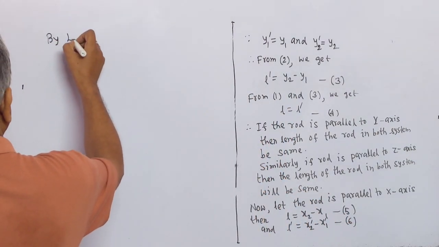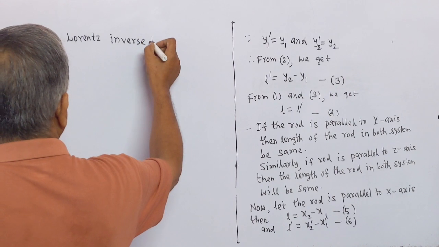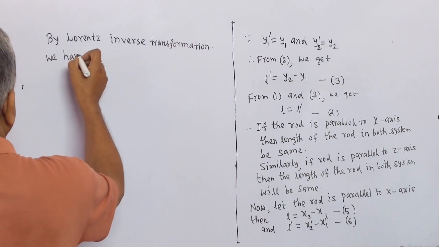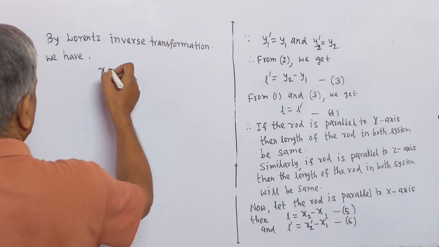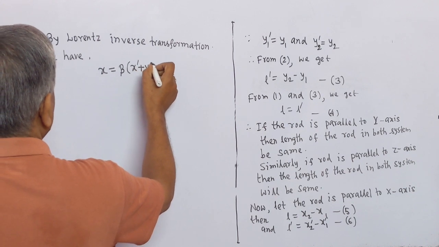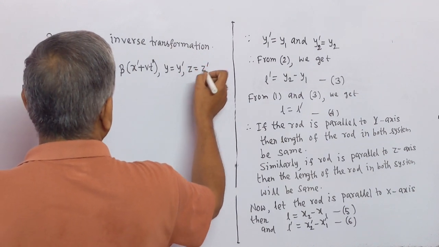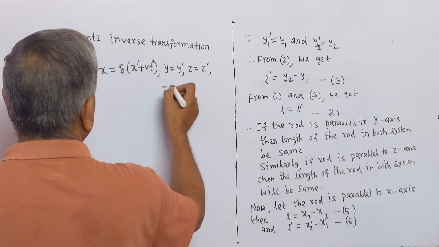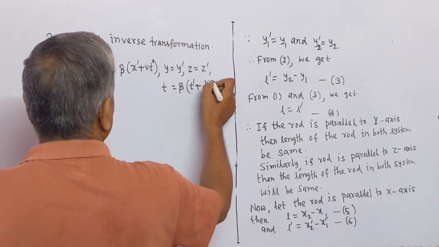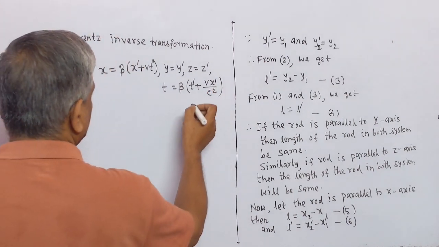By Lorentz inverse transformation, we have x equal to beta times x prime plus vt prime, y equal to y prime, z equal to z prime, and t equal to beta times t prime plus v x prime by c square. This is number 7.